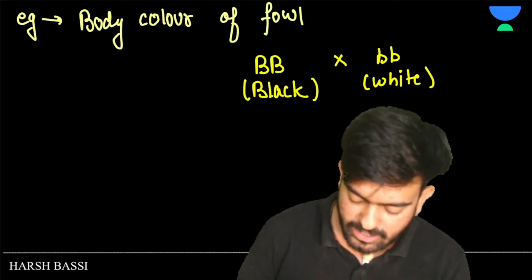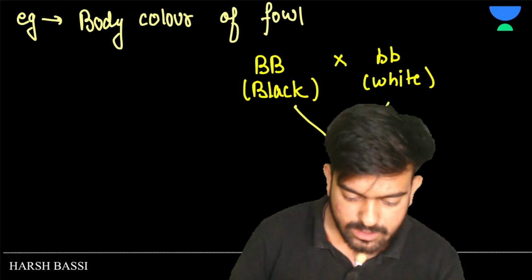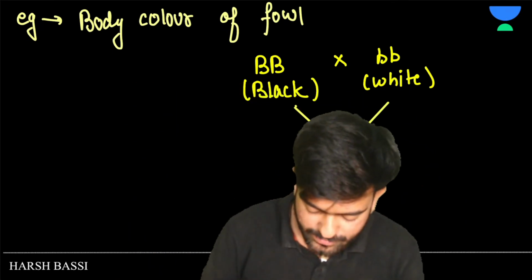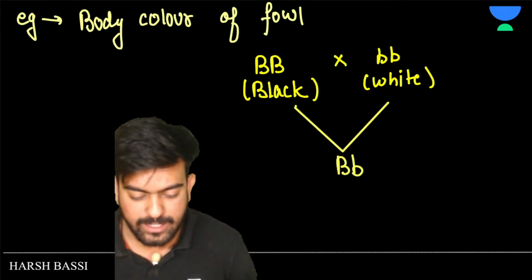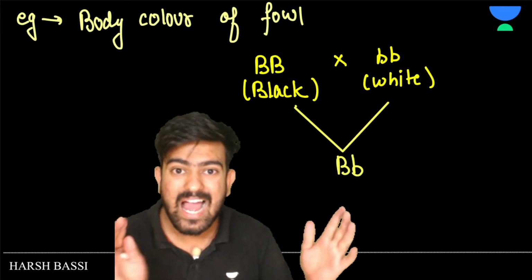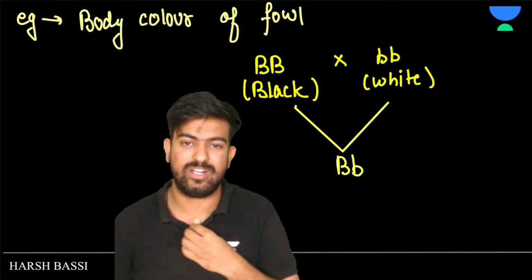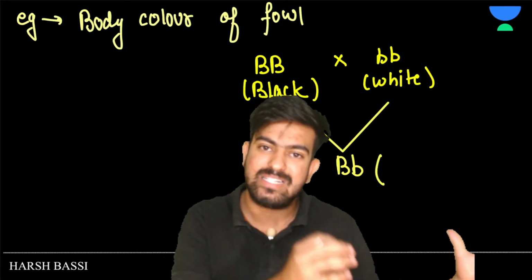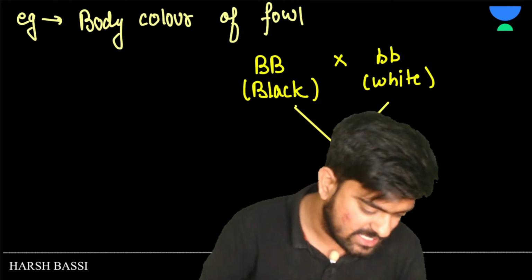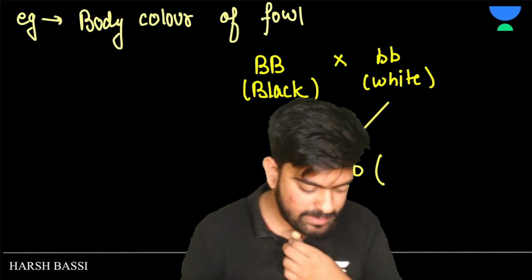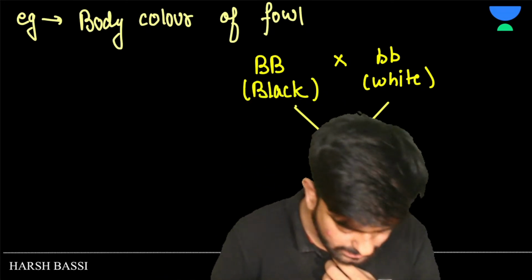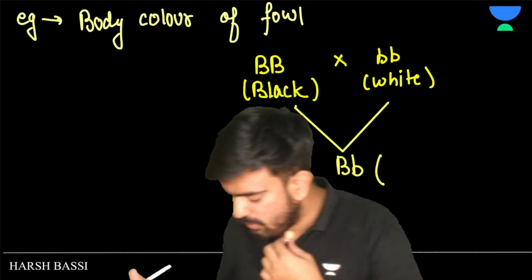They are going to form the gametes capital B from the black and small b from the white. So we are going to get capital B, small b. Yes or no? And this will be having patches of colors like black and white patches. Clear to everyone? Done. This can also be one example.